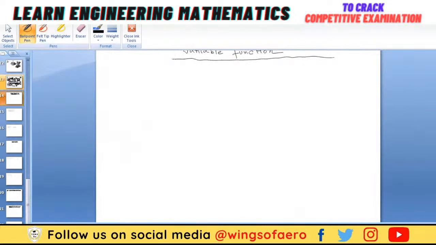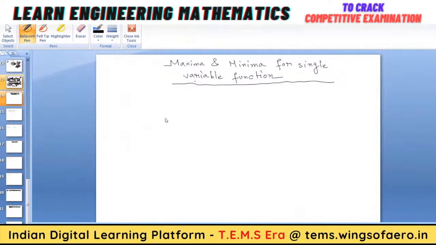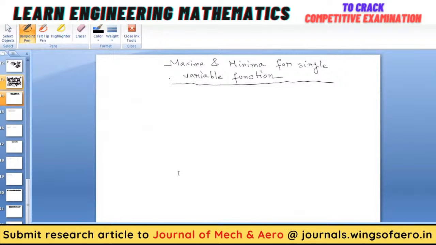Next, maxima minima. There are two kinds of maxima minima, and every year you will face at least one question on maxima minima in the GATE exam. Every year it is mandatory to come. There are two types.